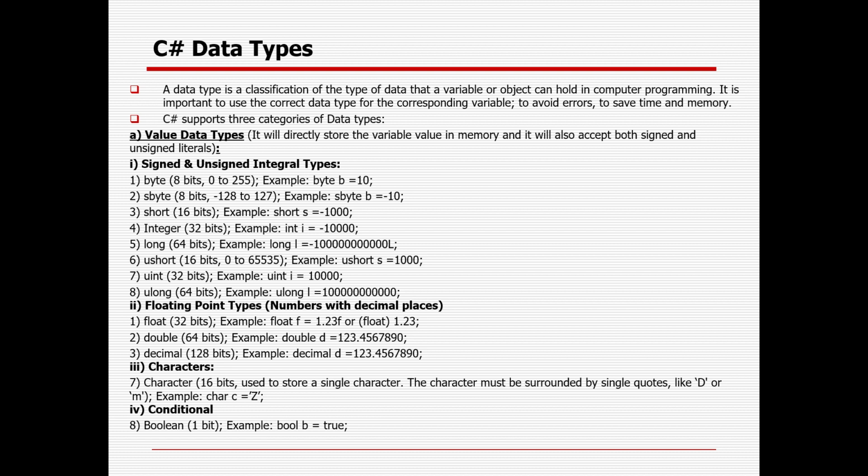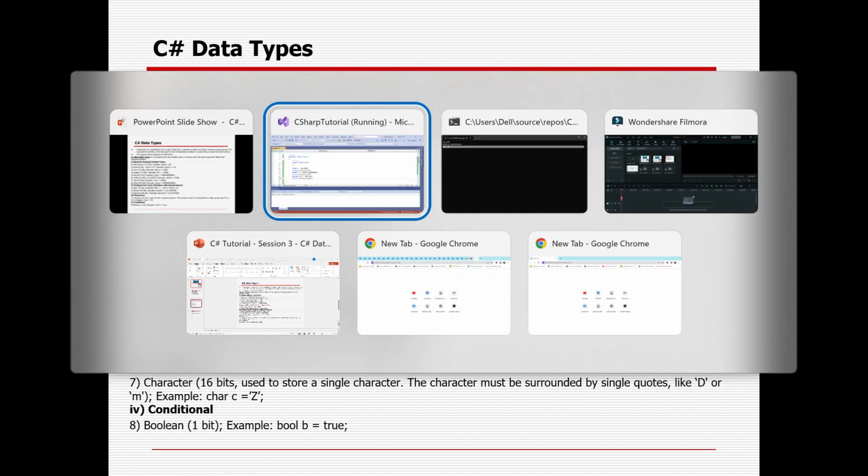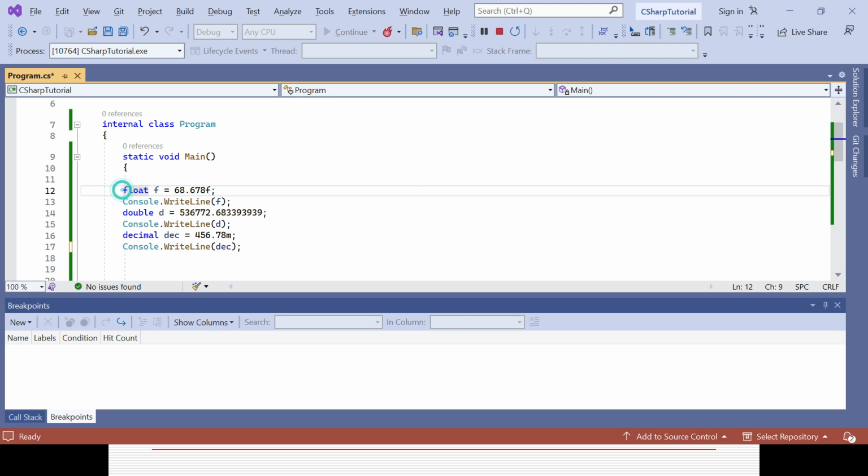The character must be surrounded by single quotes, like a lowercase or uppercase alphabet letter. Whereas boolean is only one bit, and can only hold the value true or false. If you give any other value, it will throw an error. Now let's comment out this part and see how we can work with the other remaining two types.